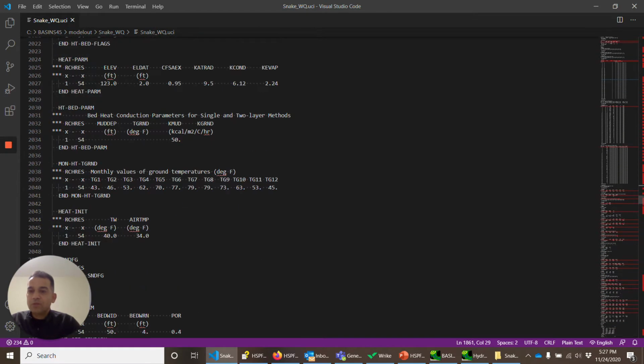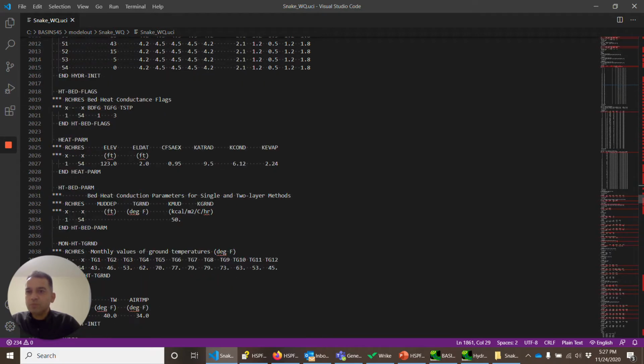Then we'll scroll down to heat. These are the parameters that relate how the heat from the river bed is transferred to the water.